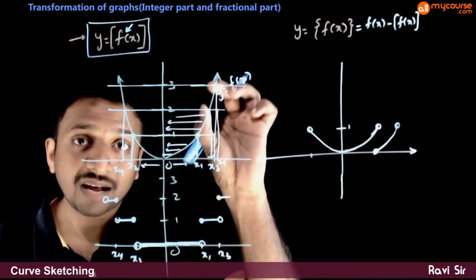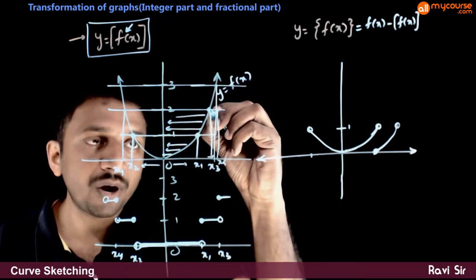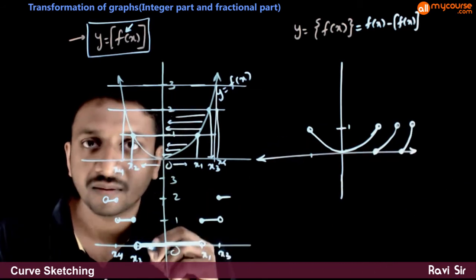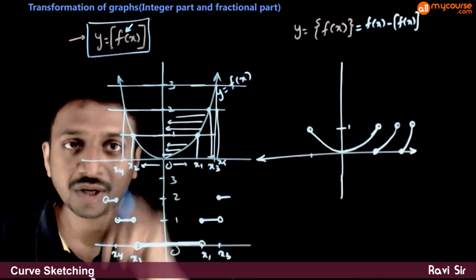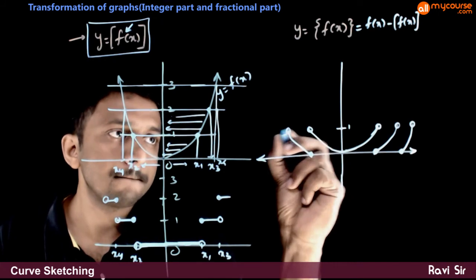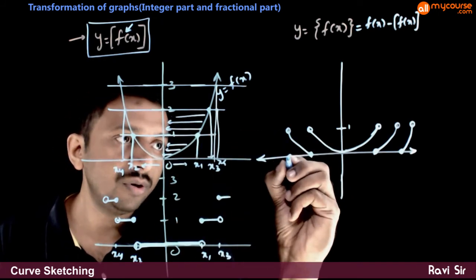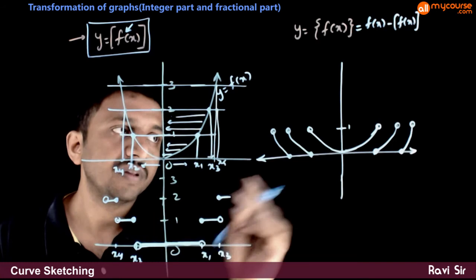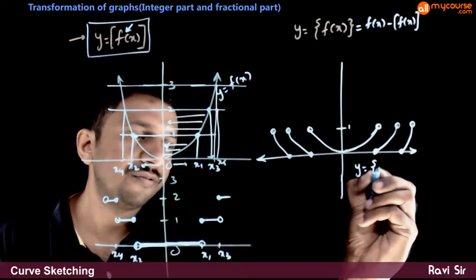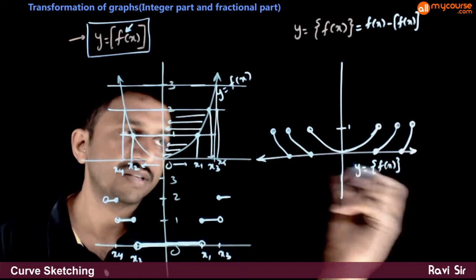And then this part comes down by 2 units. So this point also comes down here. This part also comes down by 1 unit. This part comes down by 2 units, and so on. This is the graph of y is equal to fractional part of f of x.